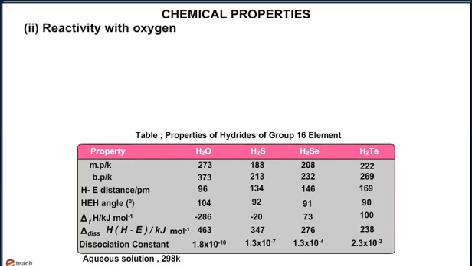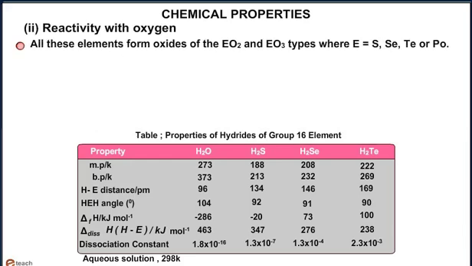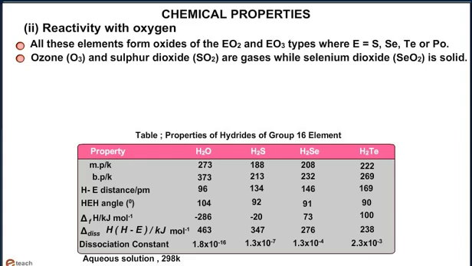Reactivity with oxygen. All these elements form oxides of the EO2 and EO3 types, where E can be sulfur, selenium, tellurium, or polonium. Ozone, that is O3, and sulfur dioxide, that is SO2, are gases, while selenium dioxide, that is SeO2, is solid.